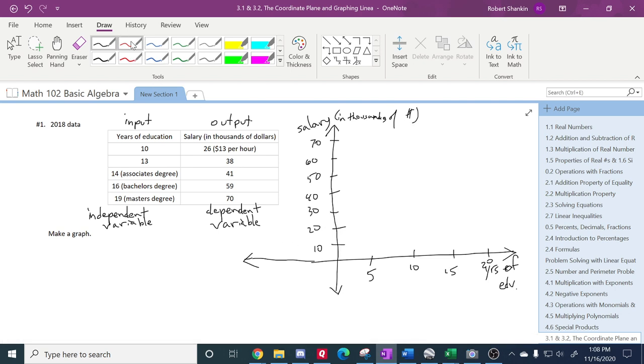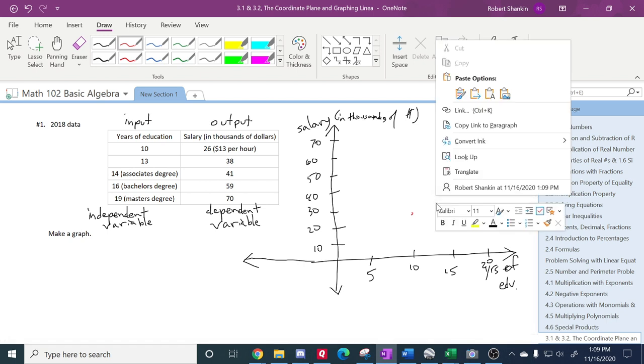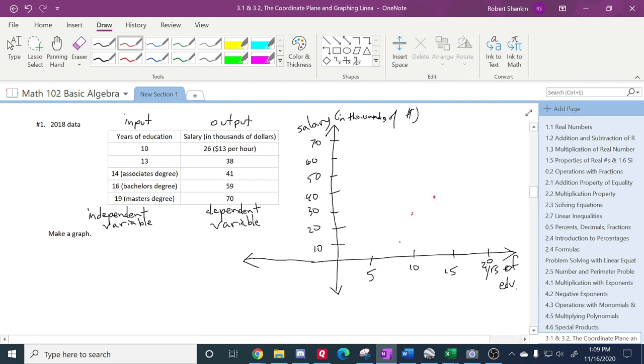Okay, and then we're going to place dots for each one of these points. 10 years of education, 26,000 in salary. 13 years would be a little more than halfway, and it would be 38,000 as the average salary. 14 is 41,000. 16 goes up to 59,000.